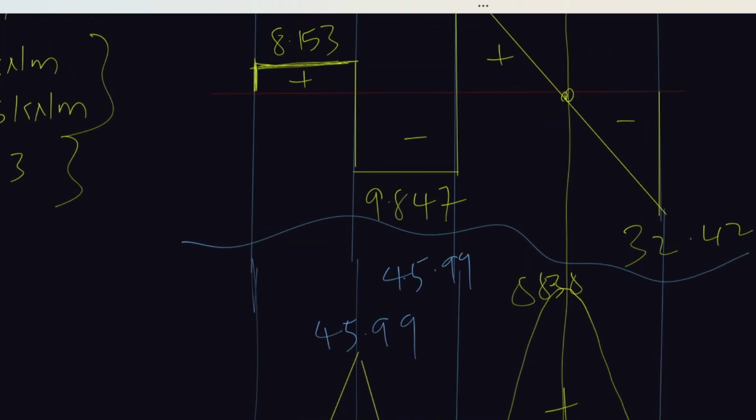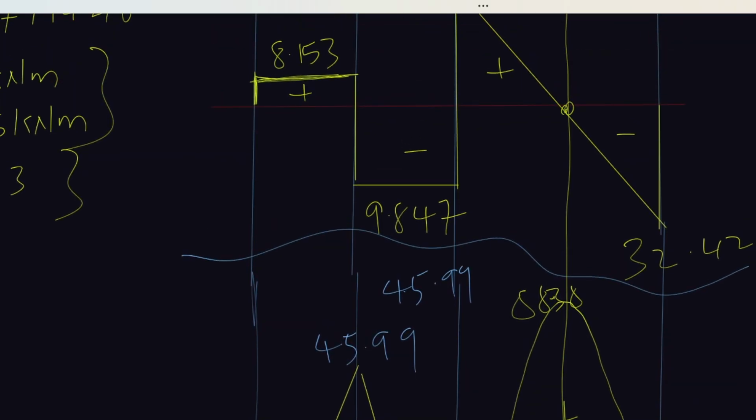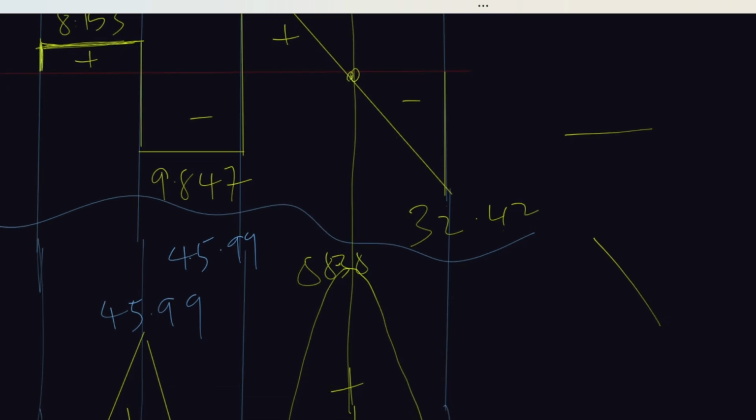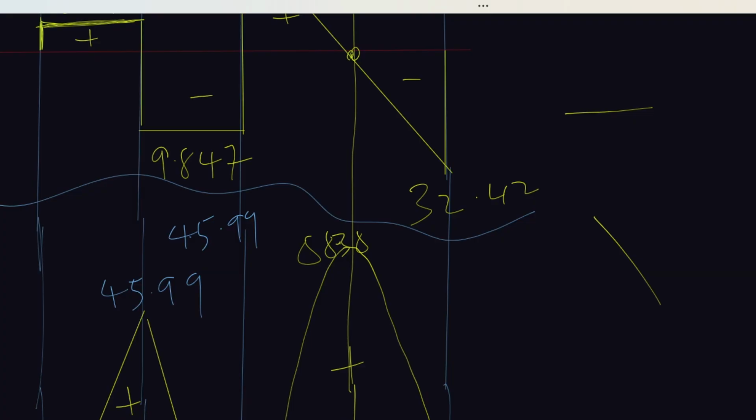Remember, you will notice that where we had a straight line in shear force, we had a slant. Where we had a slant line in shear force, we had a parabolic curve. So let's call it a day. Thank you. And of course, the distance we got from here to here was 16.21. Thank you.